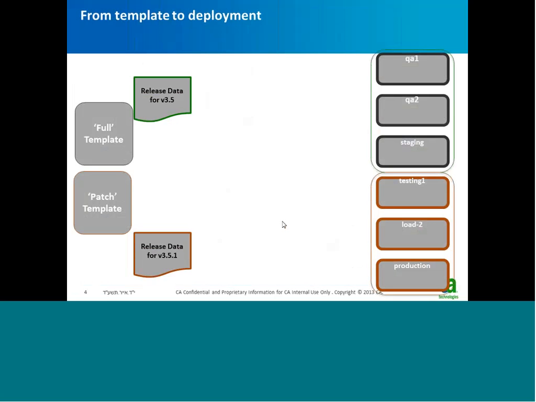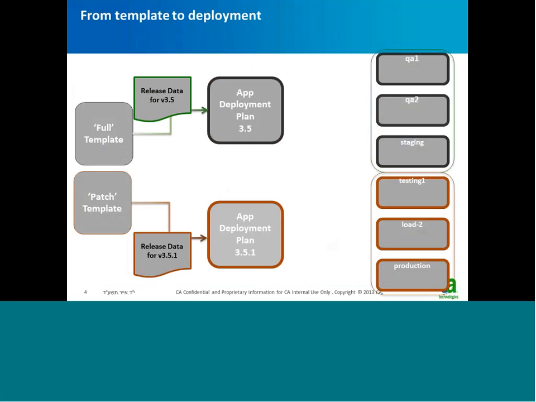Once I associate the release data with the template, I end up with a deployment plan for each of the content that I have provided: a deployment plan for 3.5 and a deployment plan for 3.5.1. A deployment plan is a combination of the content and the logic on how to deploy and use this content.